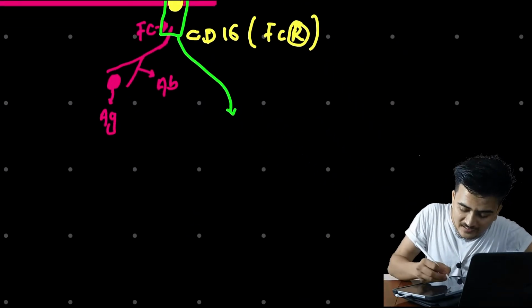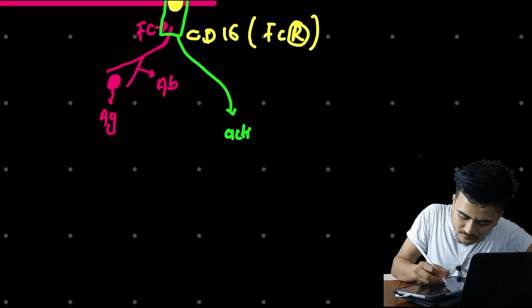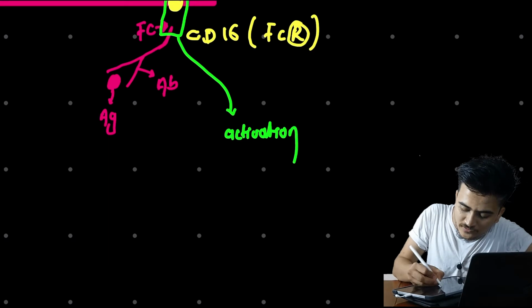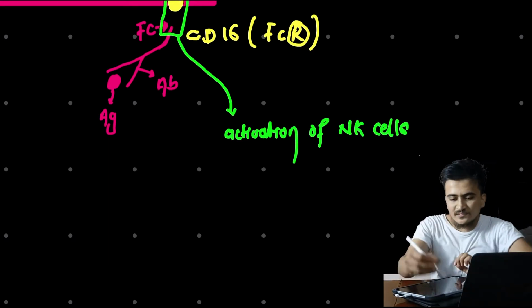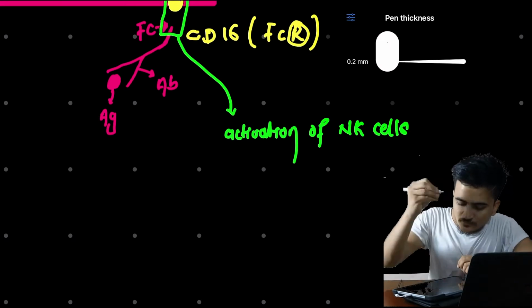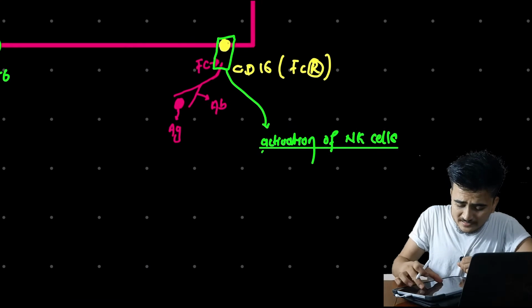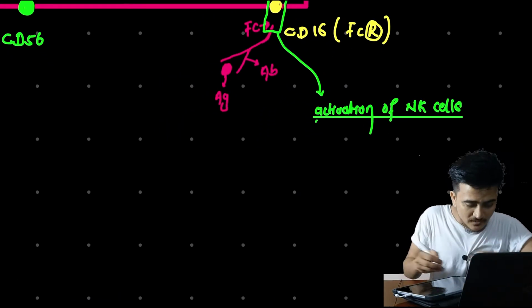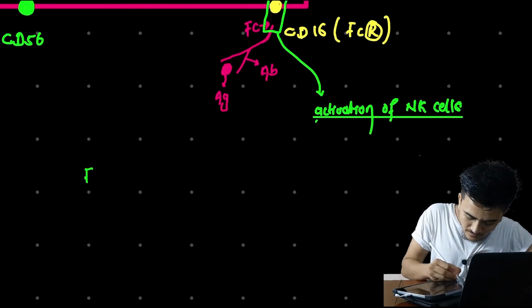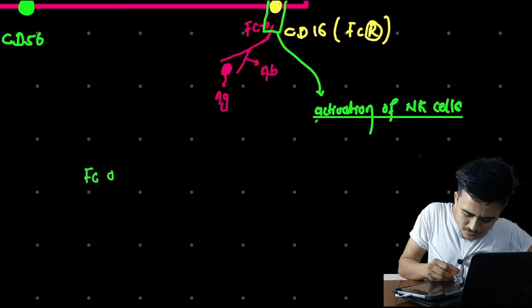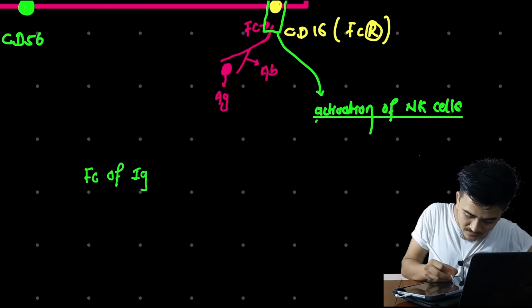The activation of NK cells. Okay, this causes activation of NK cells. Let me write it in simple one line. What we said is the Fc portion of IgG.